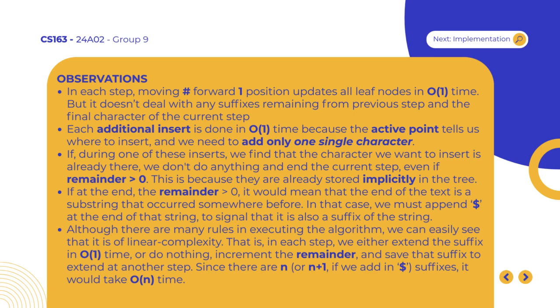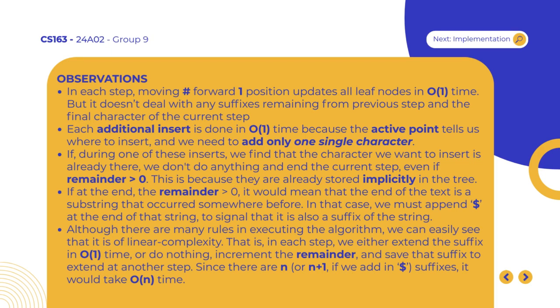Each additional insert is done in O(1) time, because the active point tells us where we need to insert. That is why we have the rules and the suffix link, because those things move the active point for us to the position that we want to, so that we can insert more easily.